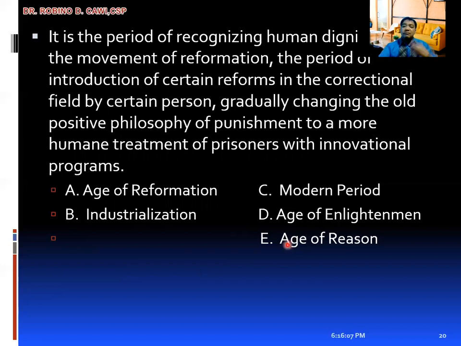According to them, it is fundamental to human nature and discoverable by human reason without knowledge or reference to the artificial laws of society, meaning that even without laws, it should be inherent on the part of us humans to value human life. So definitely, they came up with this idea of a humanitarian and scientific movement, which was eventually referred to as the Age of Enlightenment.